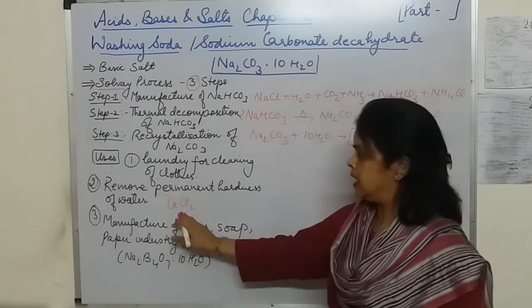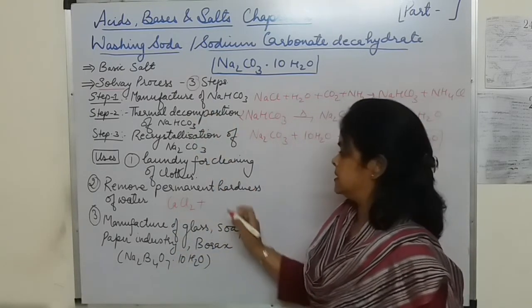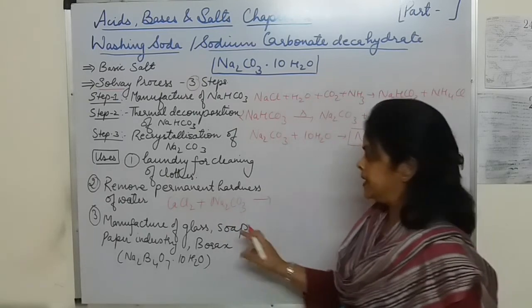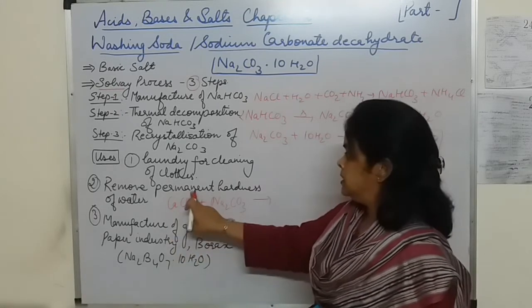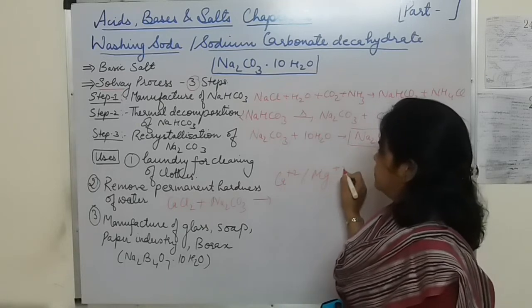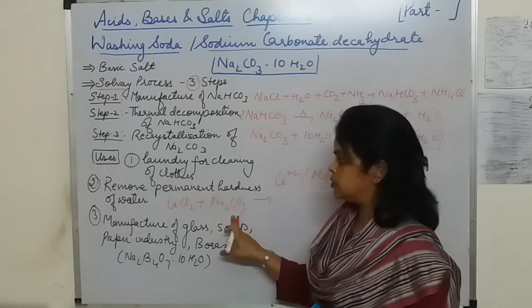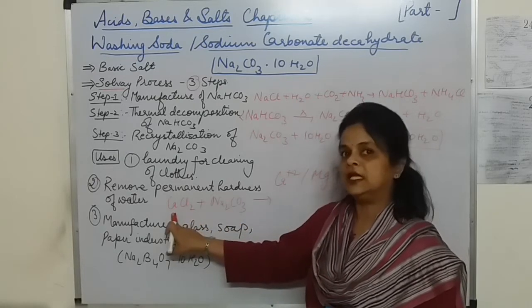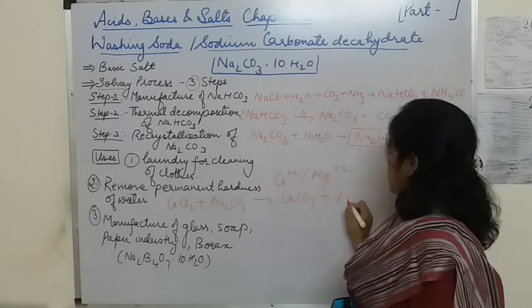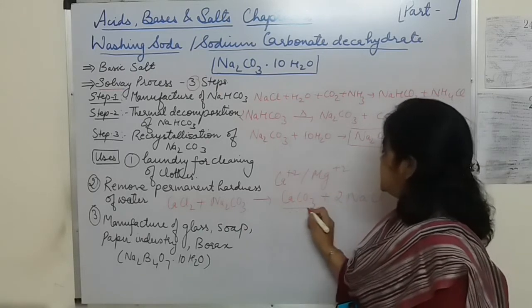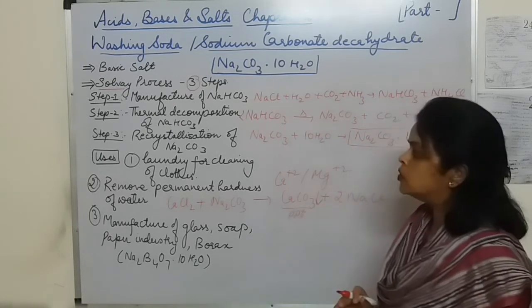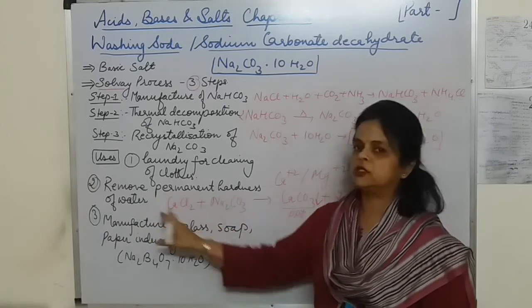Now in that hard water, if we add this Na2CO3, that is washing soda, then it precipitates the calcium ions in the form of calcium carbonate along with NaCl. This is formed as a precipitate, and it settles down. So it is used to remove permanent hardness of water.